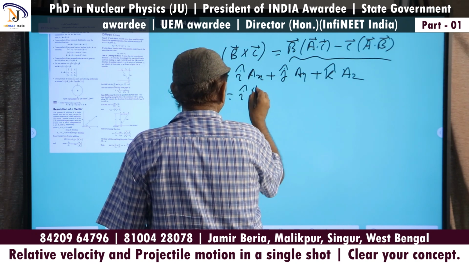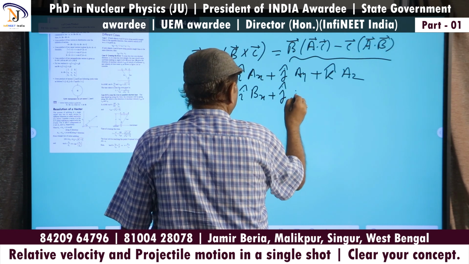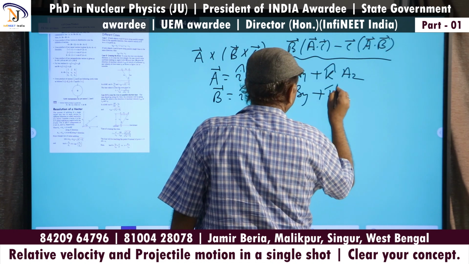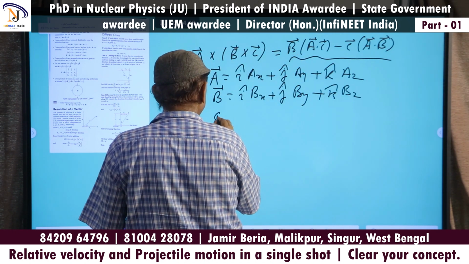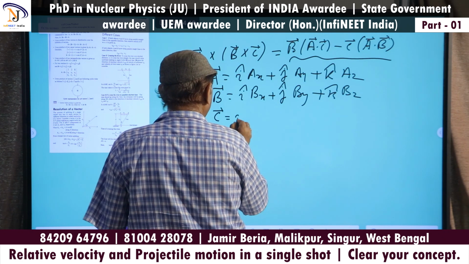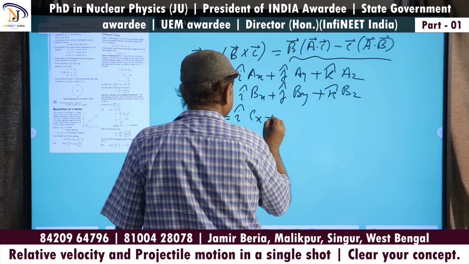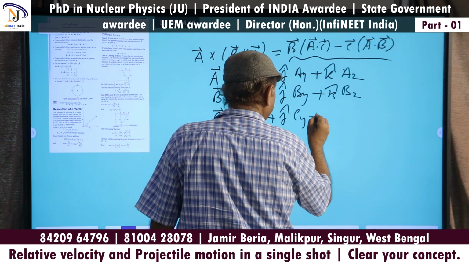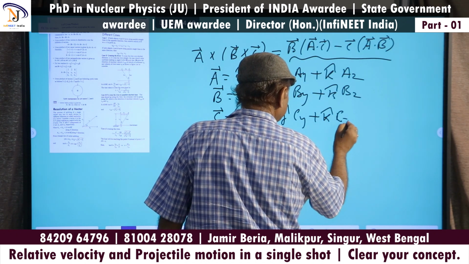I into BX, J into BY, K into BZ, and C equals nothing but I into CX, J into CY, and K into CZ.